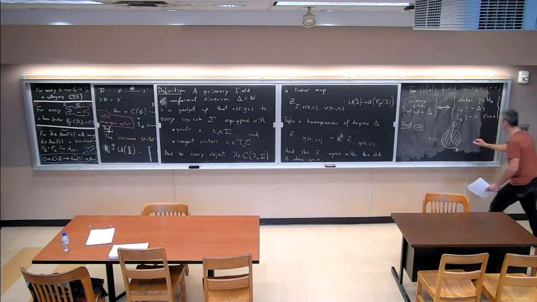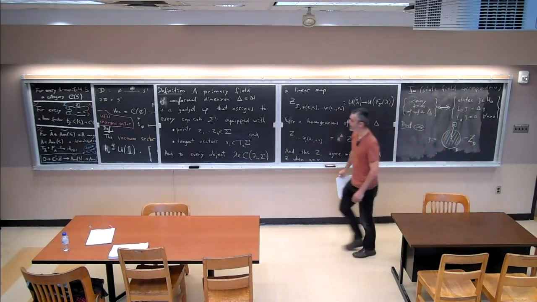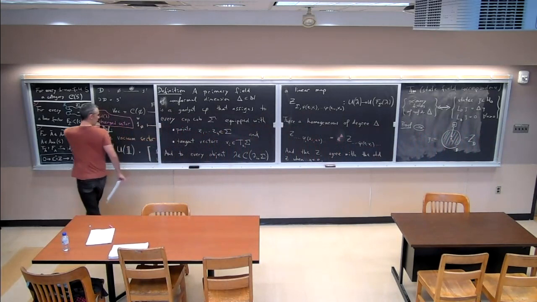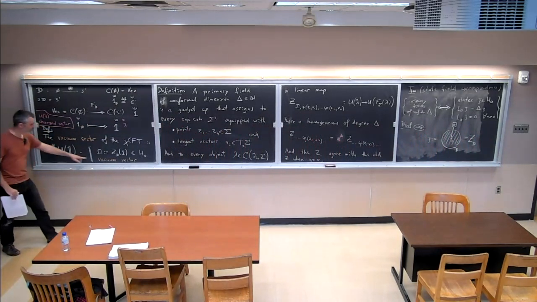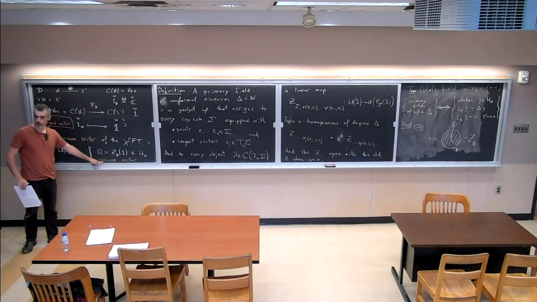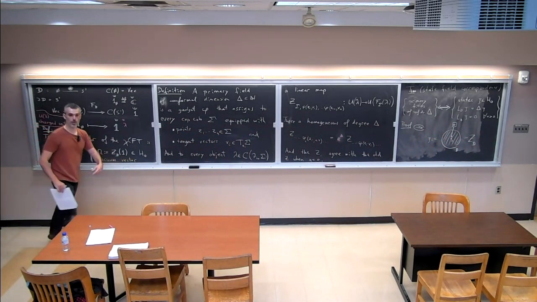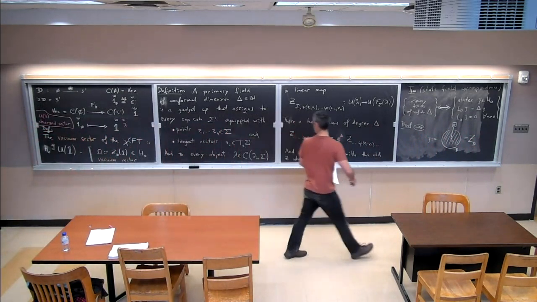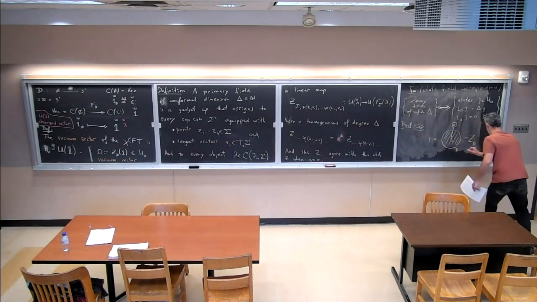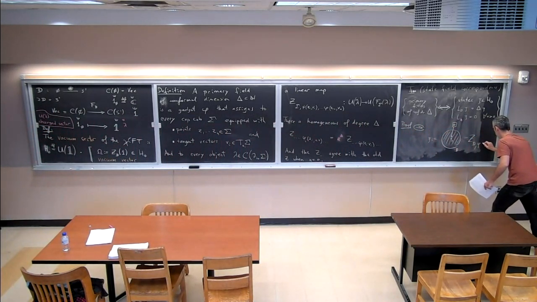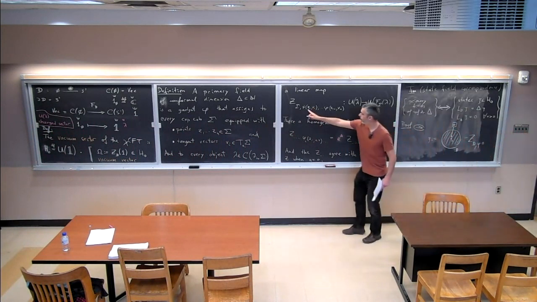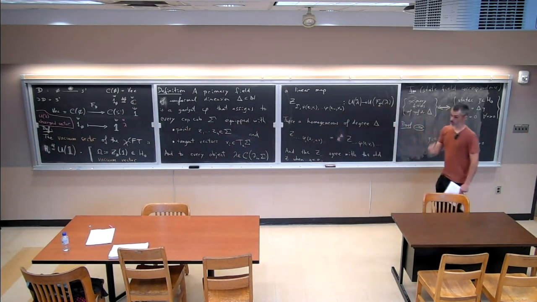So let's write it in formulas. That's going to be Z sub D, comma, phi of... So we're copying essentially the definition of the vacuum vector, except with a field insertion. I need a point and a vector. My point is the point in the middle.